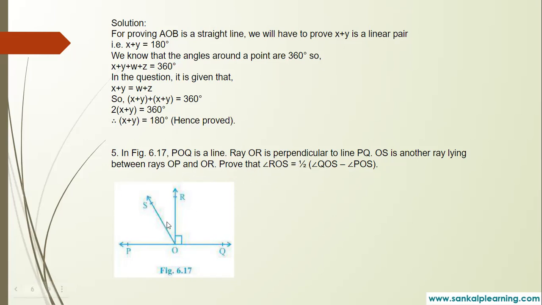Prove that angle ROS is equal to half of (QOS minus POS). See, QOS is here, POS is here. You have to prove that. Let us see how to prove that.